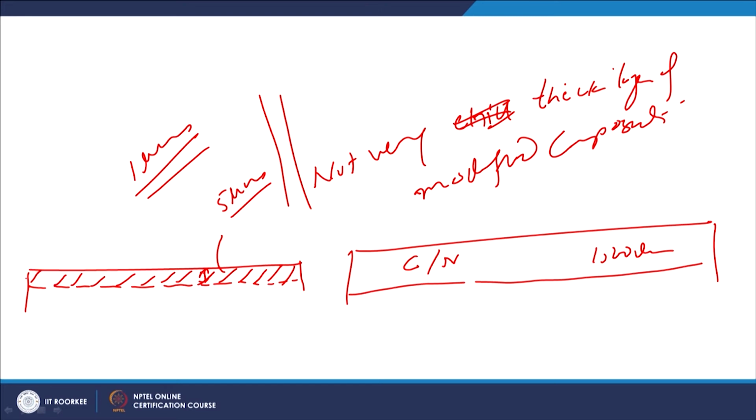Otherwise we will be using another group of processes where we really require a greater thickness of the modified surfaces.